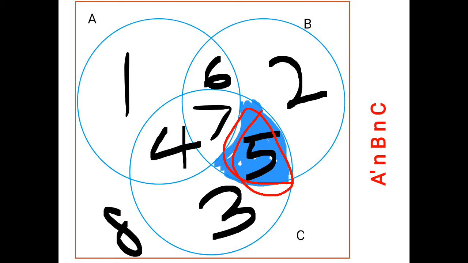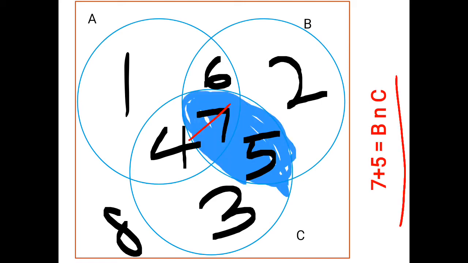It's very much important. This is the previous one. It has two regions, region 7 and region 5 shaded, and that is B and C, or both B and C, or B intersection C mathematically.